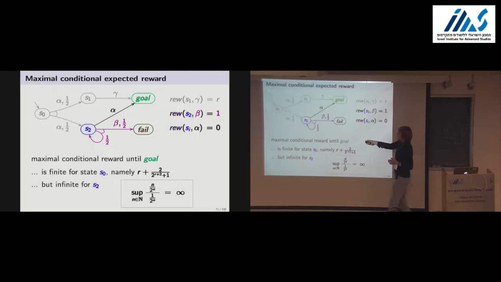However, if you look at state S2 and ignore the other states, just look at the reachable fragment, then from S2 it is infinite because, if you consider the sequence of schedulers that takes n times action beta followed by alpha, then we obtain these values here, but this one here equals n, so this tends to infinity. This is also something which does not apply in the unconditional case.